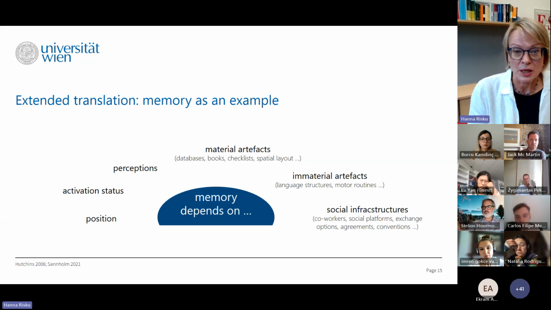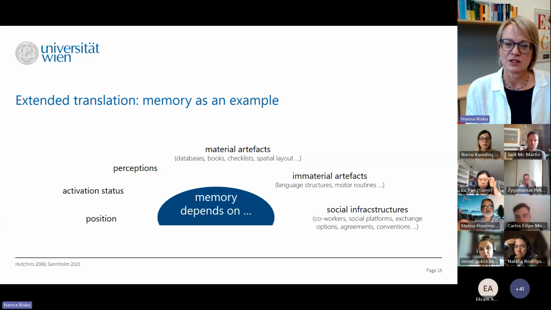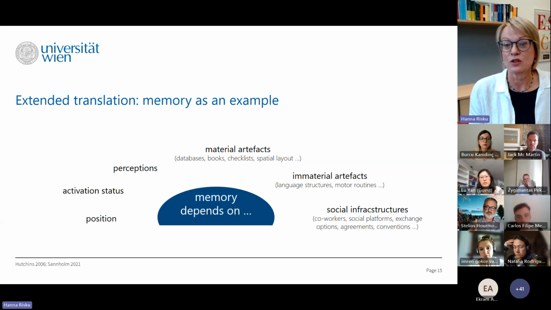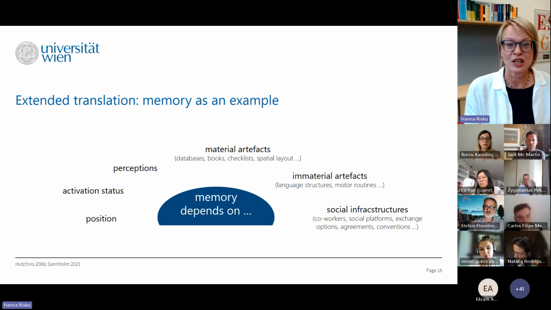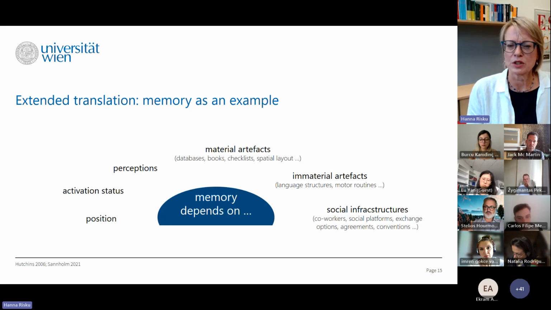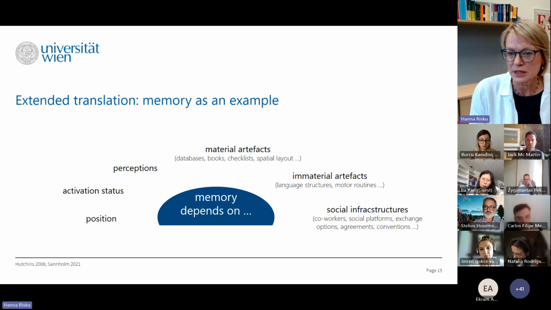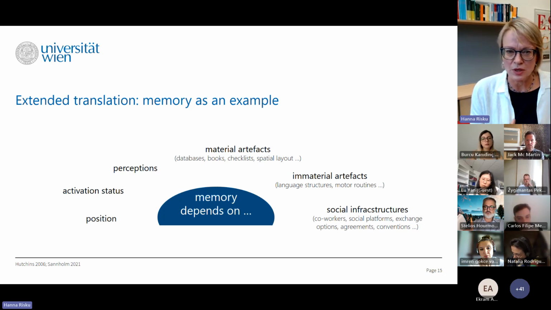Memory also depends on current perceptions that support or influence certain memories, and on material artifacts like databases, books, checklists, spatial layout. And memory also depends on immaterial artifacts, language structures, motor routines.